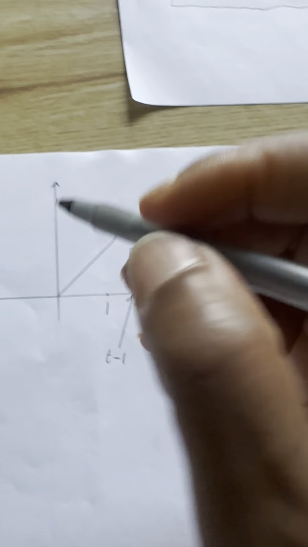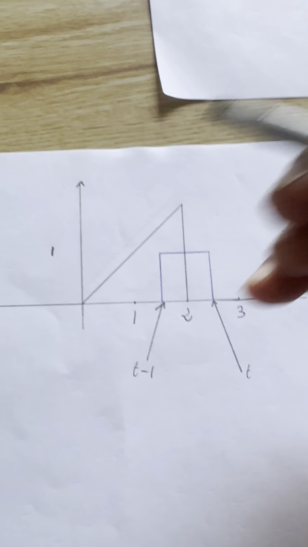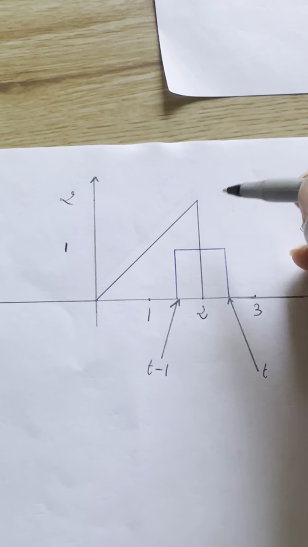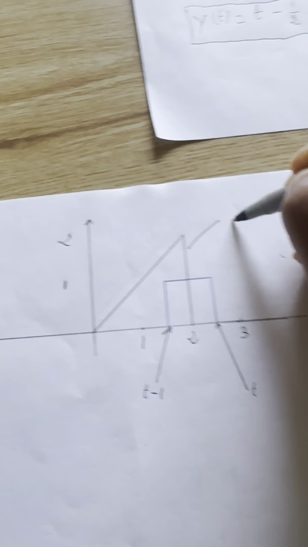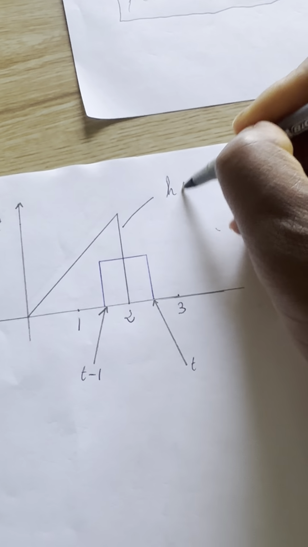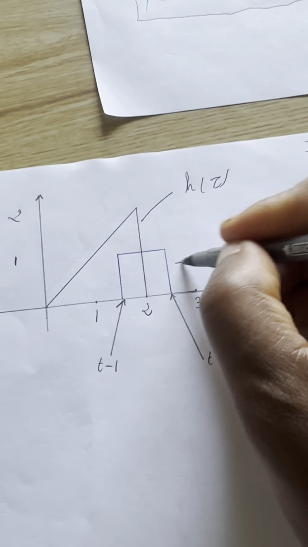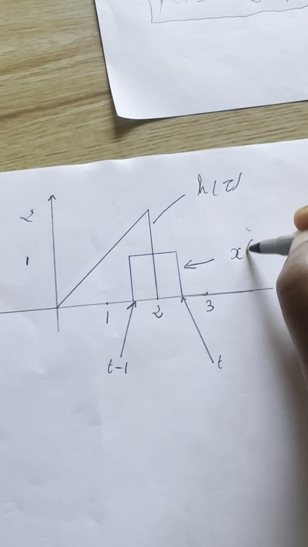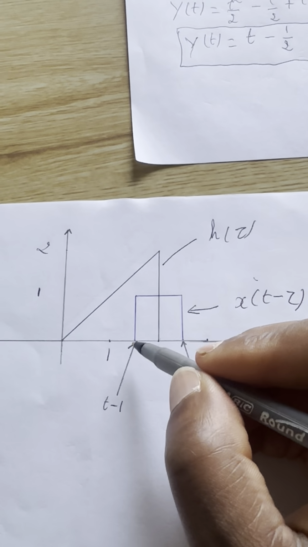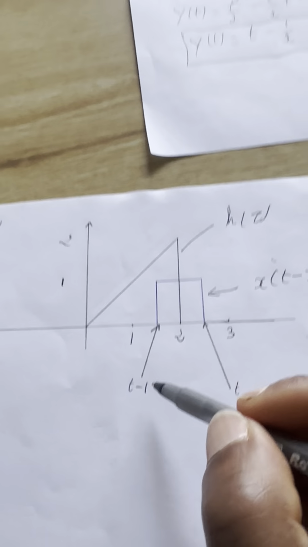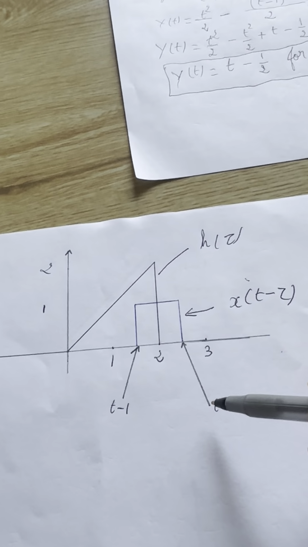Let's write down: here we have 1, here we have 2. This is h(tau), this is x(t minus tau). Here we have t minus 1, here we have t.